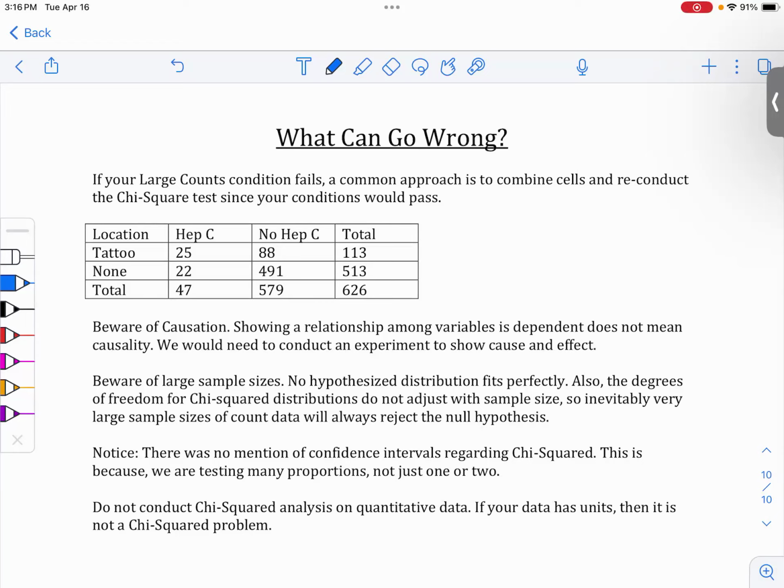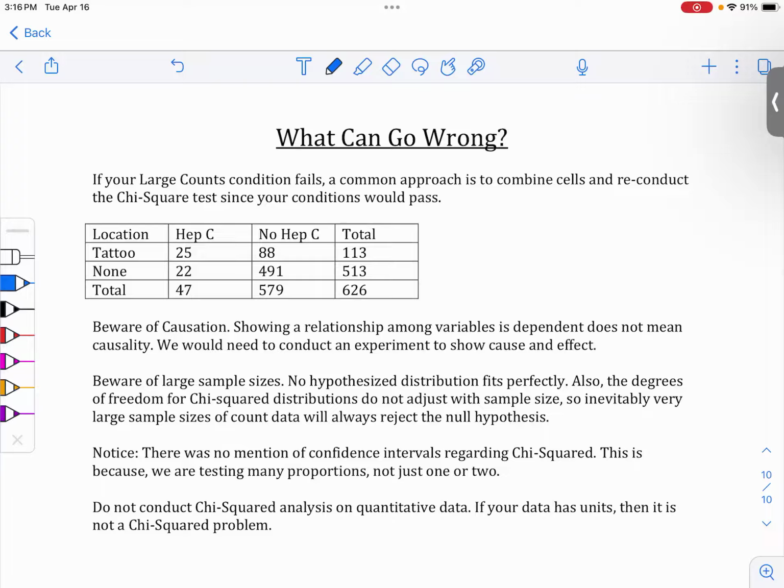Also, be careful of our conclusions. Remember that we are saying that these two things are independent or dependent. We're not saying that tattoos cause Hep C. We're saying that there is a relationship between Hep C and having a tattoo, but it's not that tattoos cause Hep C. There's an underlying variable there: needles, blood, that's what transmits the disease.